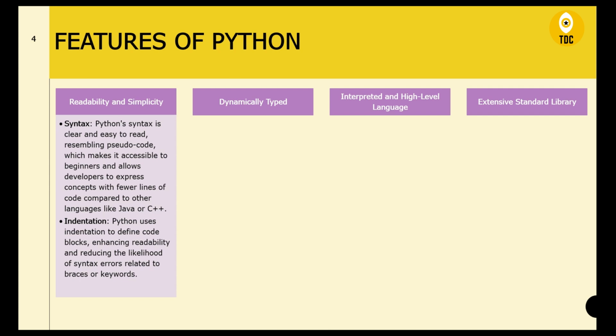Suppose as a programmer, you write pseudocode before actually implementing, right? It relates closely to how you write pseudocode. So that is why it becomes a more intuitive programming language from the developer perspective, and that is why it is more developer friendly, right?